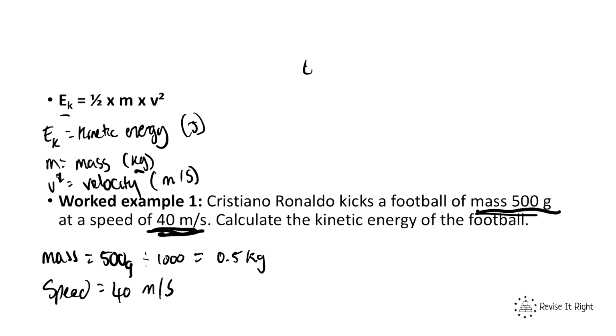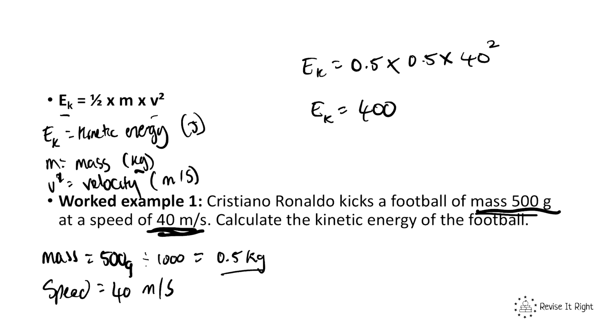So kinetic energy is equal to a half times the mass, which is 0.5, times the velocity, which is 40, and remember it's velocity squared, so it is 40 squared. If we put this into our calculator, we get that kinetic energy is equal to 400, don't forget the units, joules, 400 joules, and that is the answer to that question.